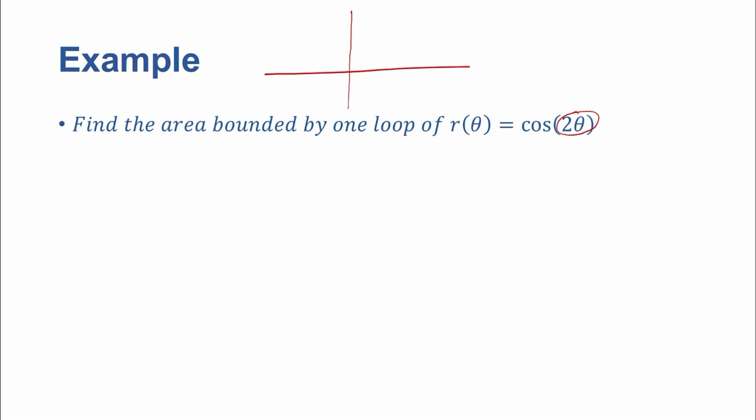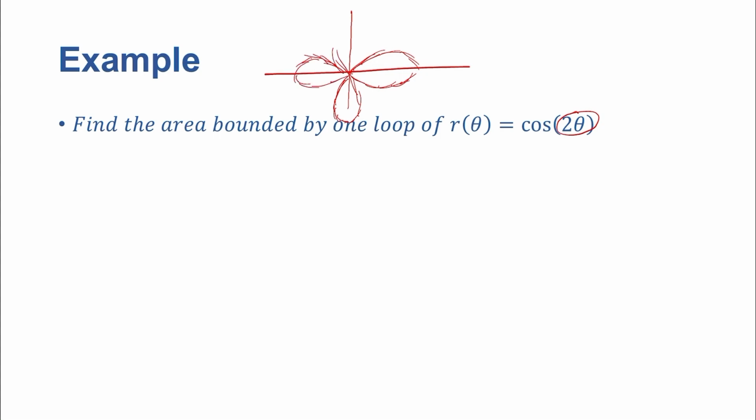Now, it doesn't really matter how well I draw this. It just matters that we get the angles down. So we're going to have one loop here. We get another loop. We get another loop. Obviously, these loops are all the same size.